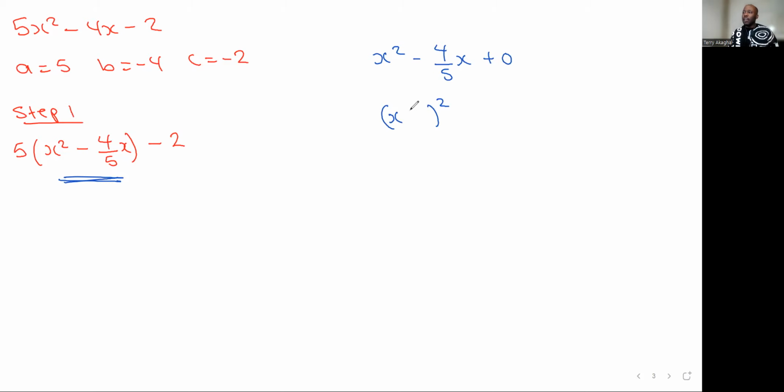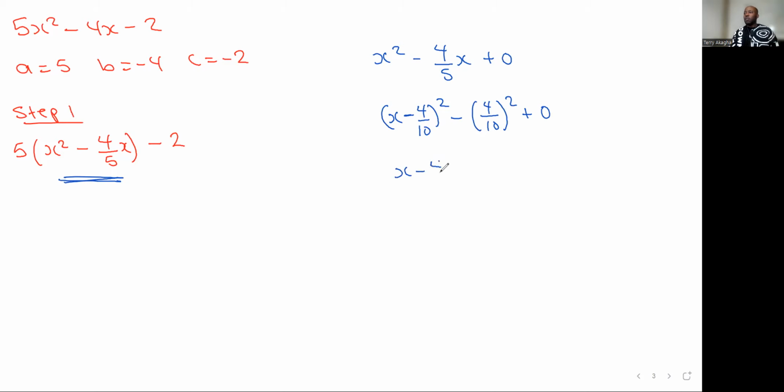Half, you put a sign here. The sign here is minus. 4 over 5 divided by 2 will give you 4 over 10. Minus the 4 over 10 squared. Then you add 0.